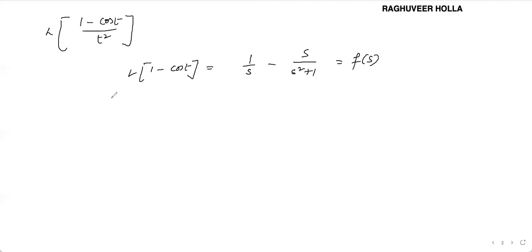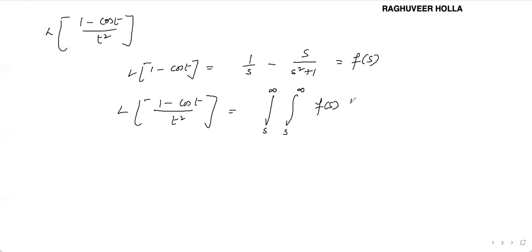Okay, so now a Laplace transform of 1 minus cos t by t square. So integrate this twice with respect to s. Okay, so this is f of s ds and ds. Okay, let us substitute.